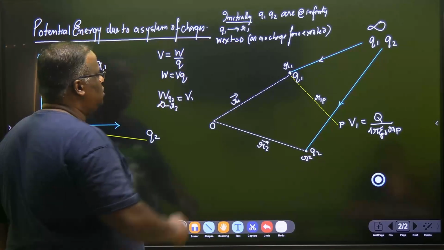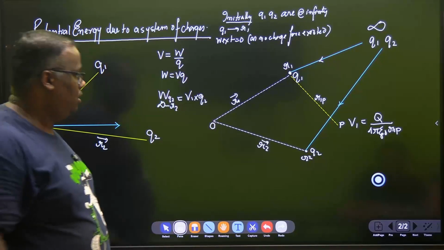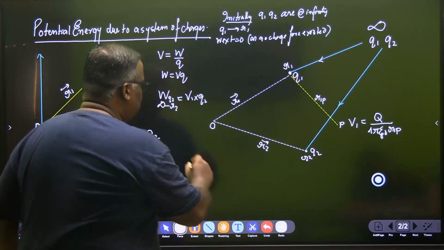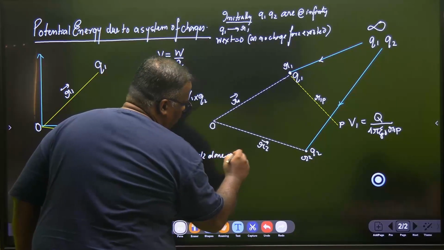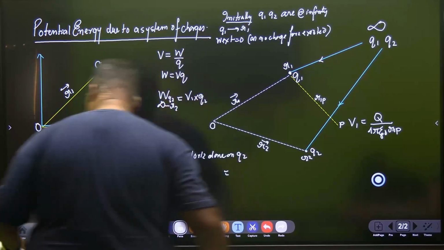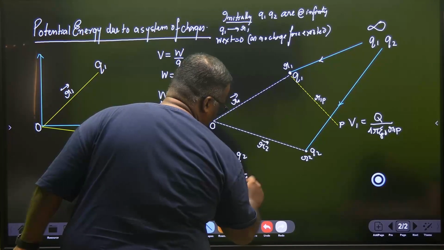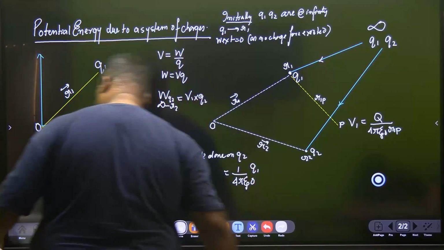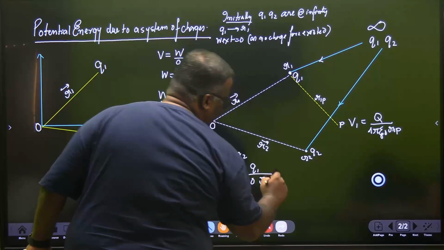The potential at this point multiplied by the charge Q2. Do you agree or not? So we say that the work done on Q2 will be equal to 1 by 4 pi epsilon 0, which is obviously Q1, and now it will be R12.